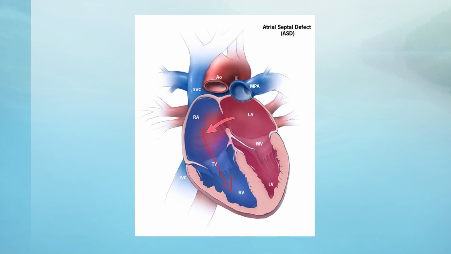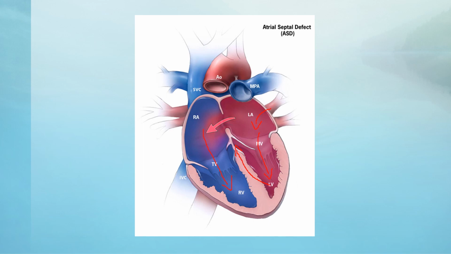From the right ventricle, the blood is carried by the pulmonary arteries into the lungs for purification, and from the lungs the oxygenated blood is carried by the pulmonary veins and drained into the left atrium. From the left atrium, the oxygenated blood is drained into the left ventricle through the mitral valve, and from the left ventricle it is carried out by the aorta and distributed to the whole body. So this is the normal circulation of a human heart.